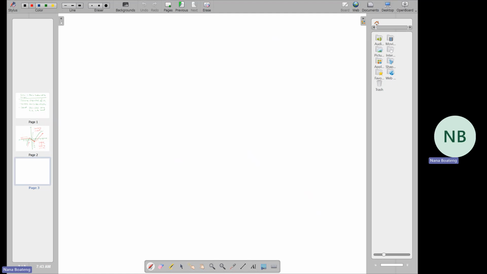And let's look at relative maximum and relative minimum.